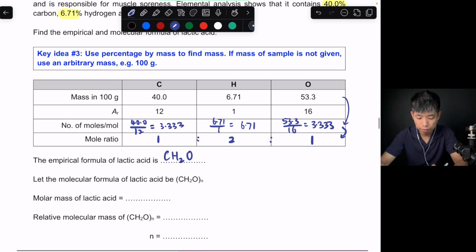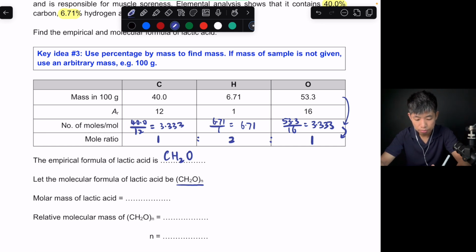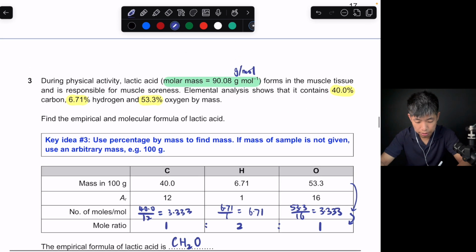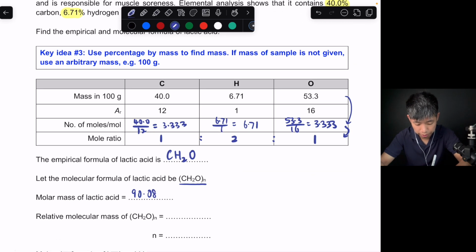Since the molecular formula is a multiple of the empirical formula, you can let it be (CH2O)n. Molar mass is already given in the question, right? 90.08. So the relative molecular mass, if I were to calculate this, will be 12 plus 2 plus 16, and it will be n times that, right?